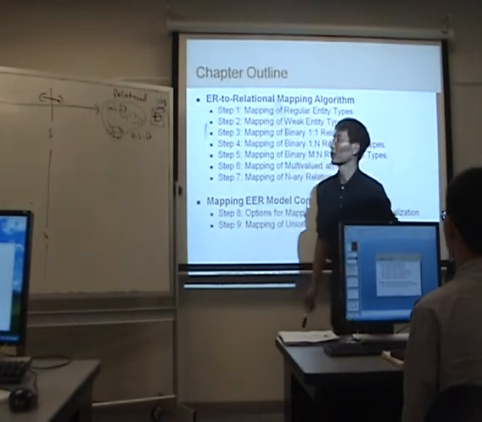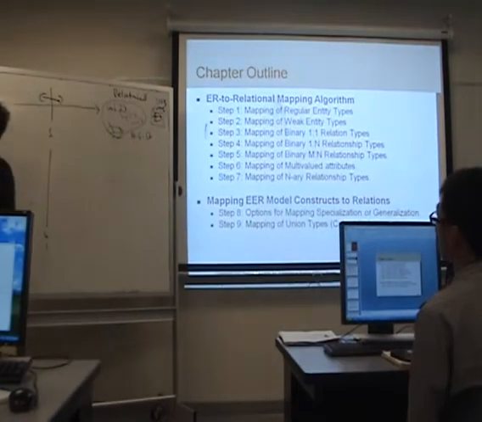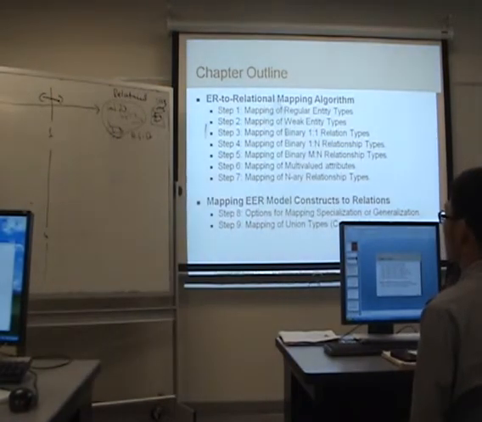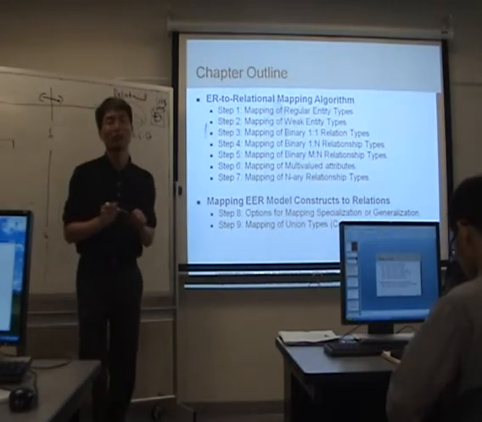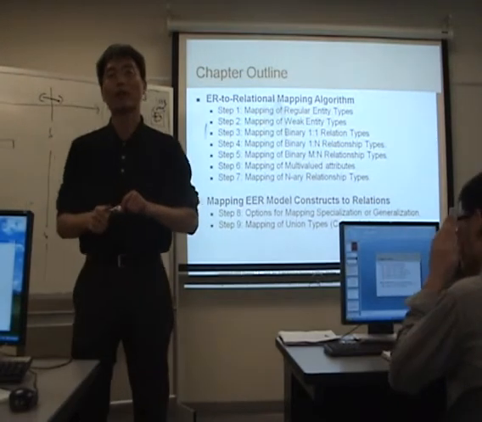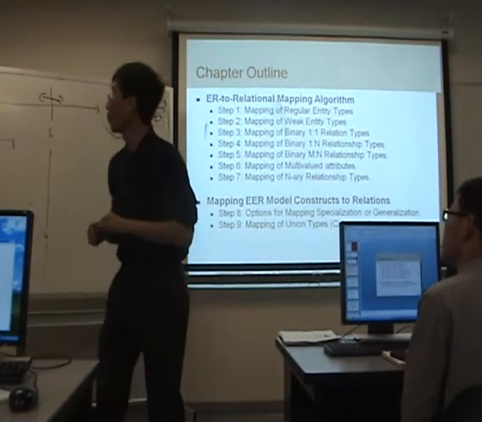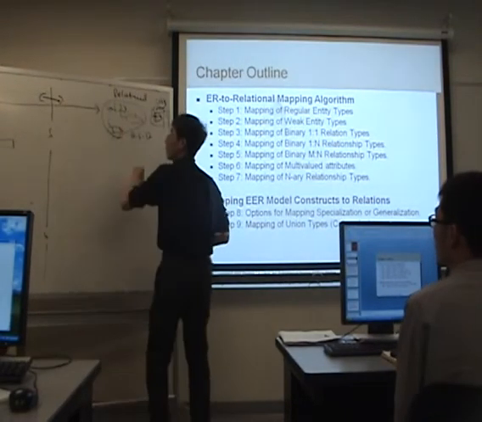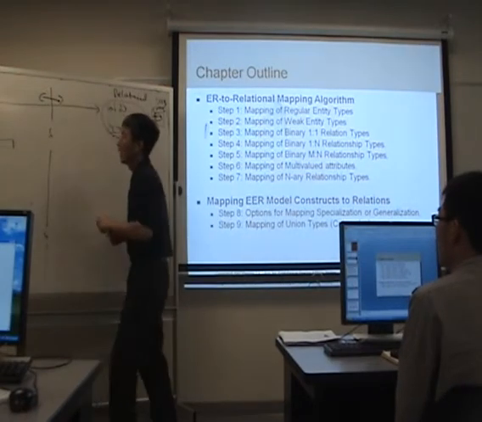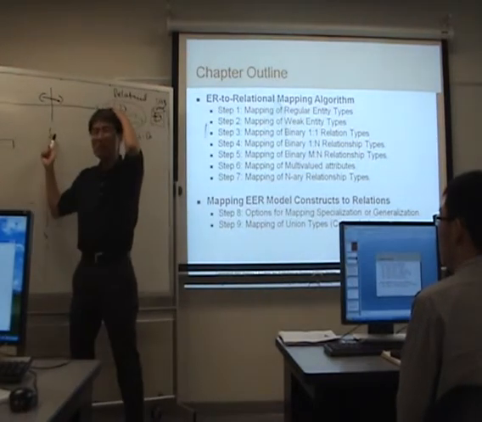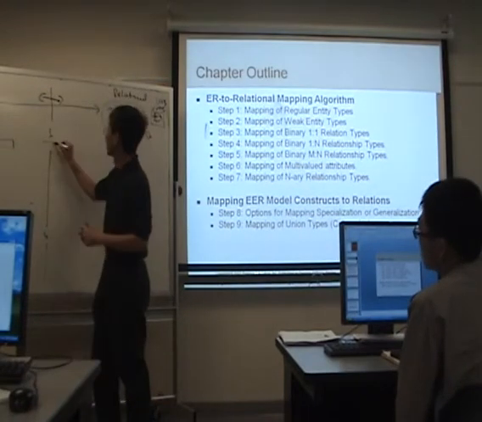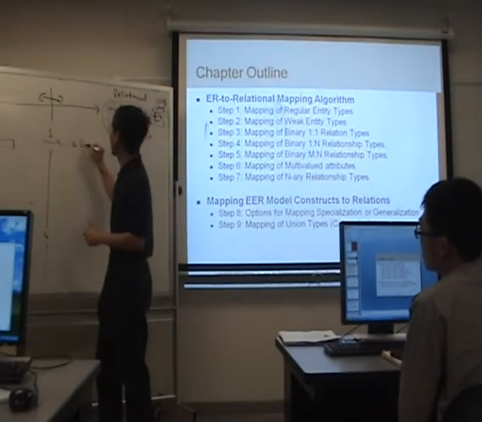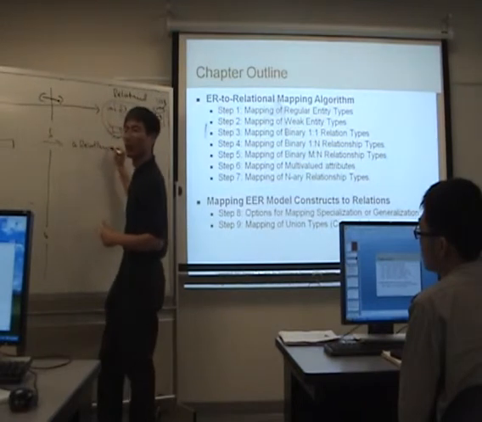regular entity type. Entity type is this one. You probably thought, when you learned the relational model and the ER model, that an entity is almost the same as a relation. Is it a relation?